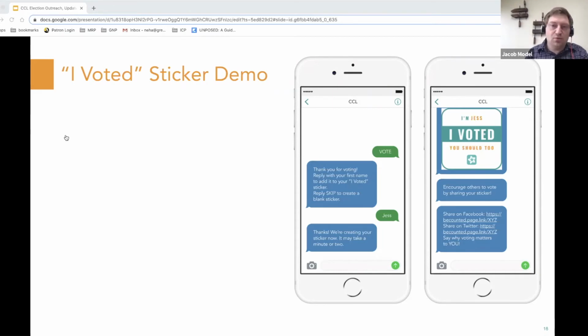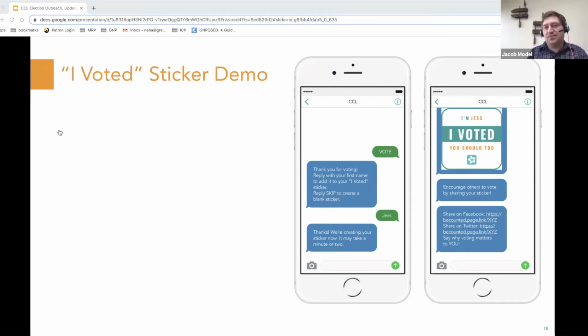Then we generate this customized image, and we can customize colors, look and feel for your particular jurisdiction. And then we can send links to things like Facebook or Twitter, with shortened links that allow you to easily post it to social media.